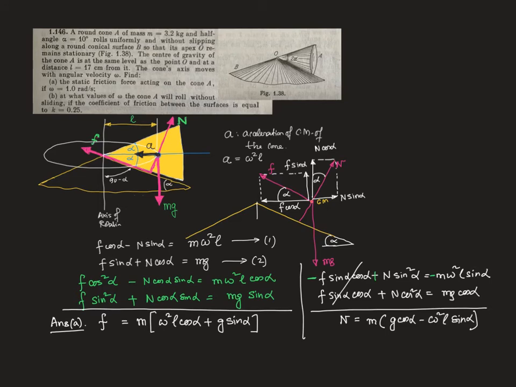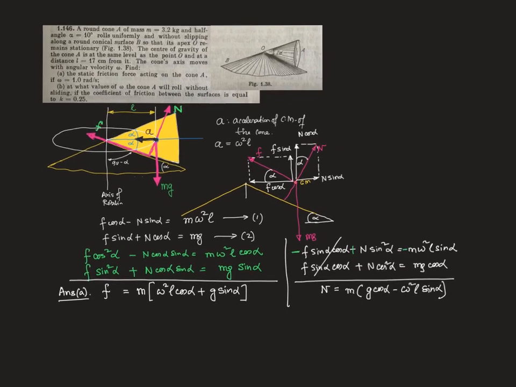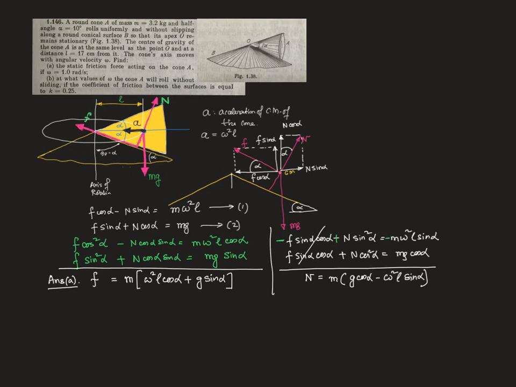Now in part B it is asked at what values of omega the cone will roll without sliding, where the coefficient of friction is known. We can go for the inequality; that will be enough. F is less than or equal to K times N, where K is the coefficient of friction. The m is on both sides, so we can get rid of it.